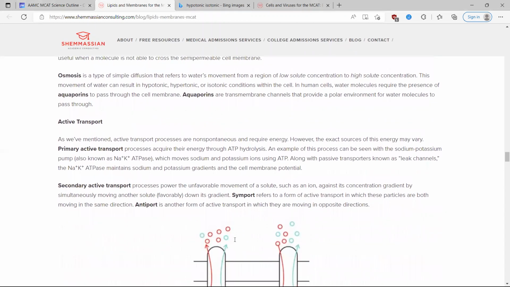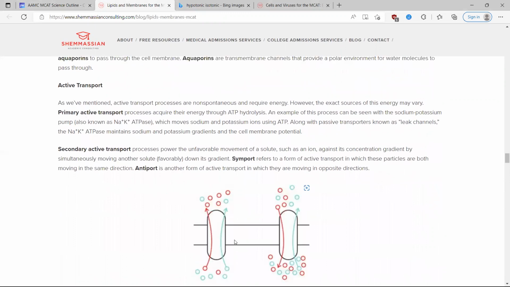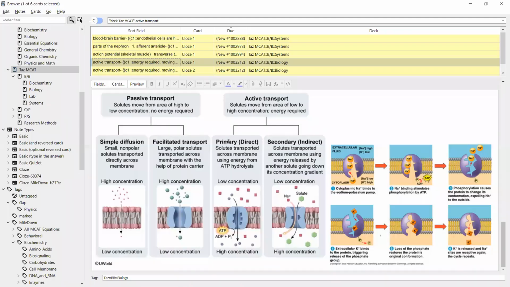Now active transport. So we talked about passive transport, which does not use energy. What is active transport? It uses energy, right? But there's 2 different ways. There's primary or direct active transport, which means we burn an ATP to move something to its high concentration. We burn the ATP and we directly move something.